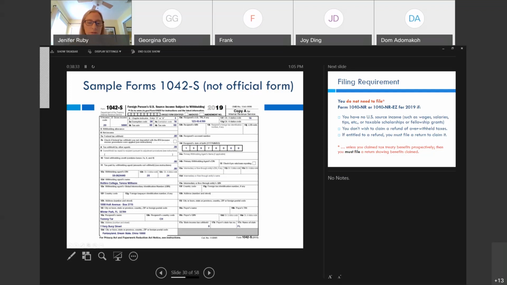And then you see some information, just again, name and address, and the recipient's date of birth. So you want to make sure that's all accurate. And that is going to be used then to calculate your earnings in the 1040 NR-EZ.